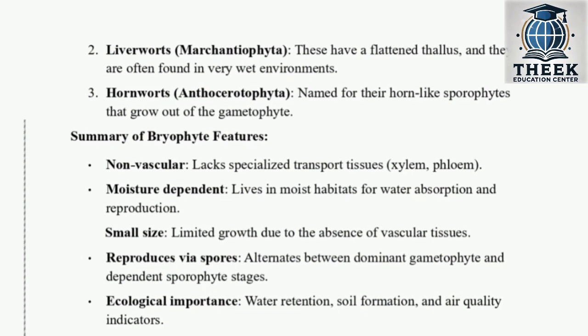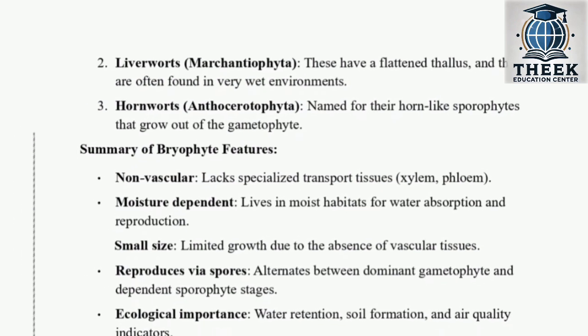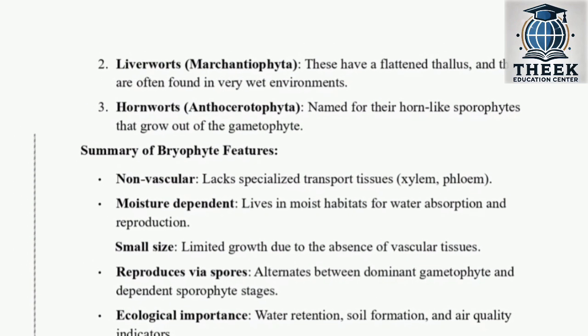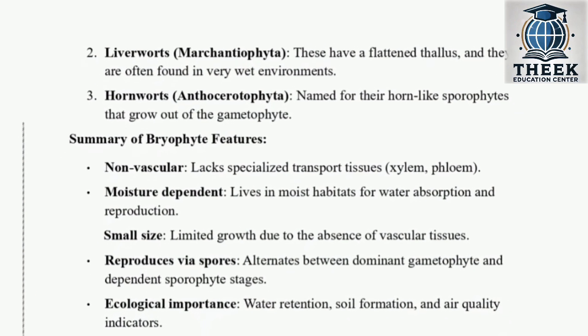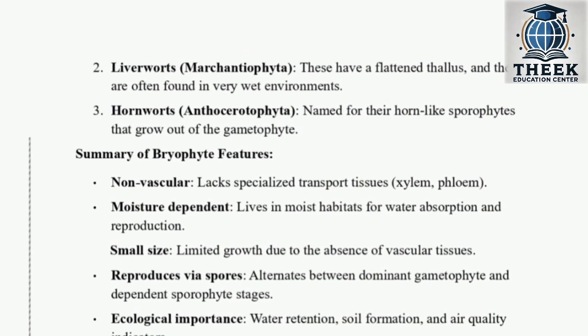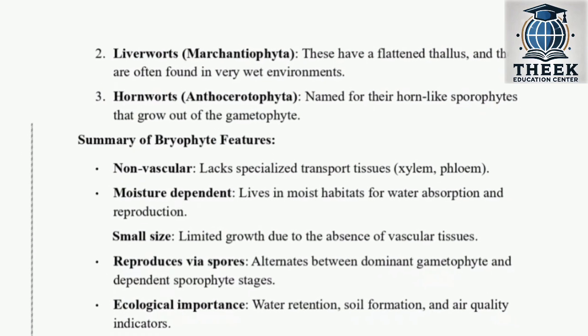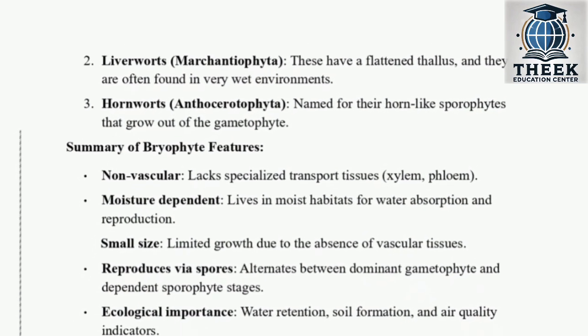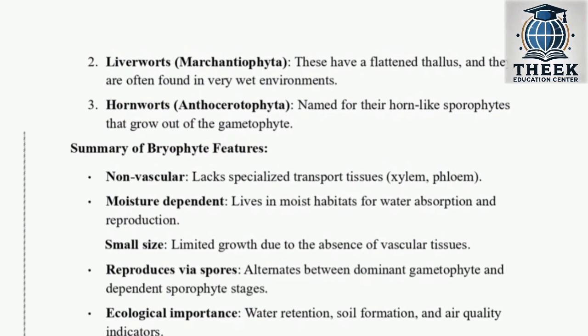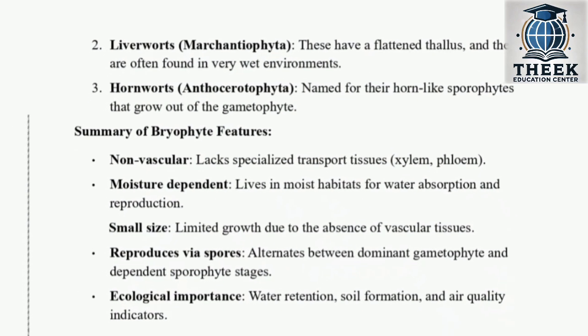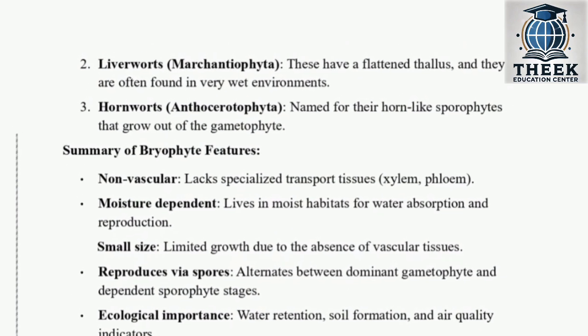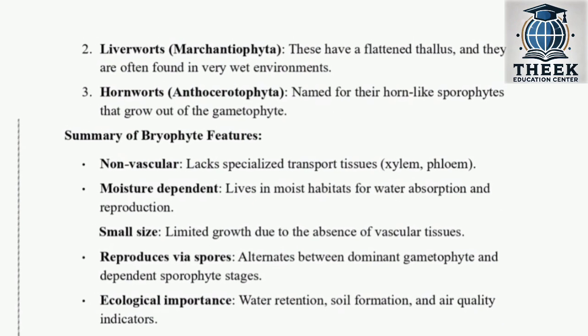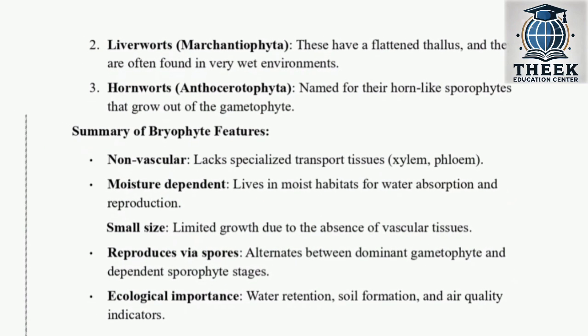Small in size, with limited growth due to the absence of vascular tissues. They reproduce via spores, alternating between the dominant gametophyte and the dependent sporophyte stages. Ecological importance: water retention, soil formation, and air quality indicators.